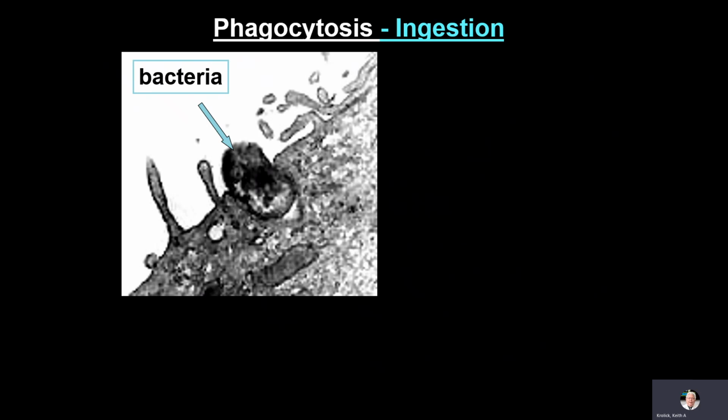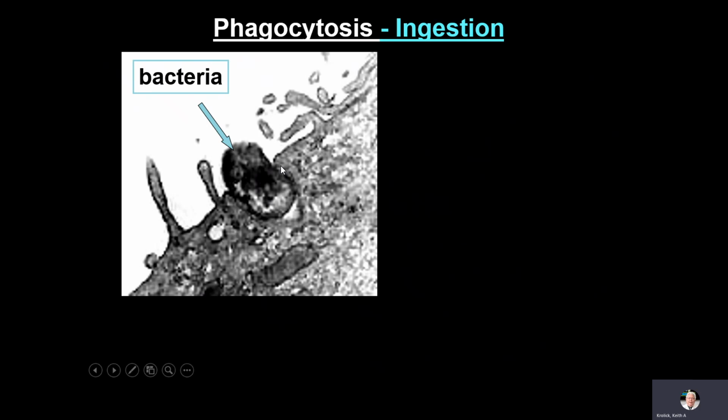So when this bacterial cell comes into contact with the outer membrane of this phagocytic cell, it will attach to the surface of that cell for various reasons, and trigger off a response by the phagocytic cell, which results in the outer membrane of the phagocytic cell coming up and around this bacterial cell.